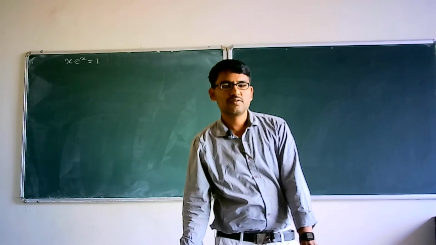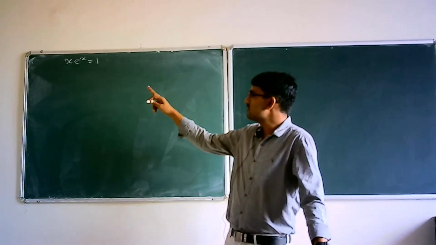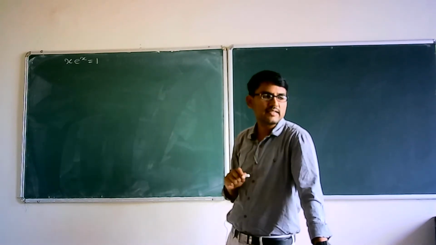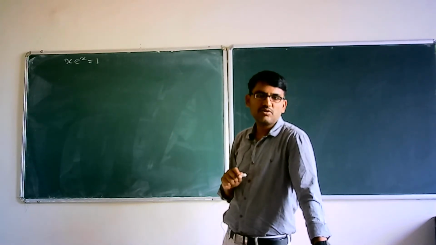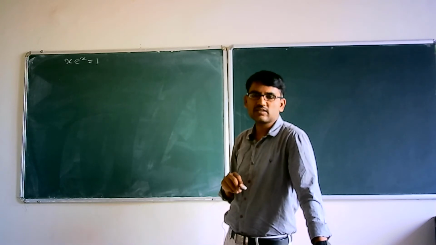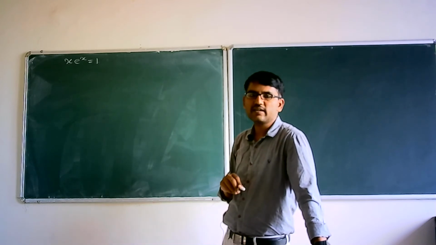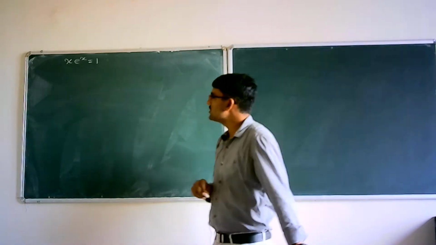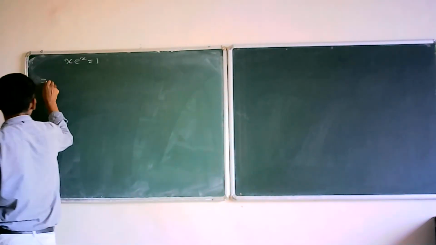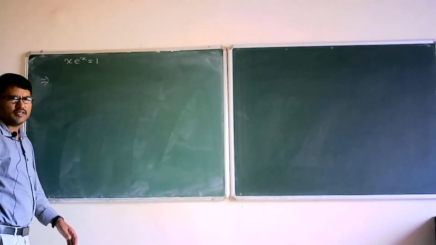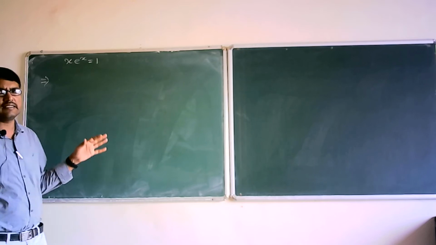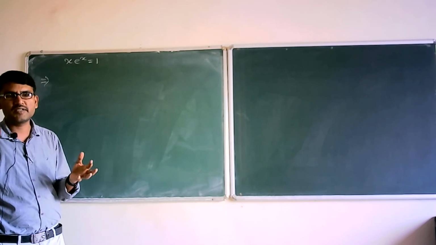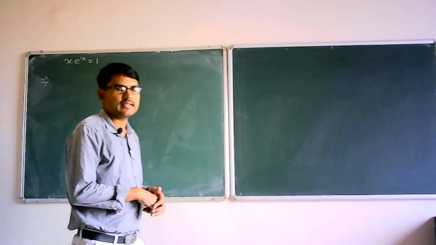You have to use an iteration method, and then you have to apply Aitken's delta square process also to accelerate your solution. So this is the given equation. In this example, we are going to see in detail what happened in the iteration method and what happened in Aitken's delta square process.